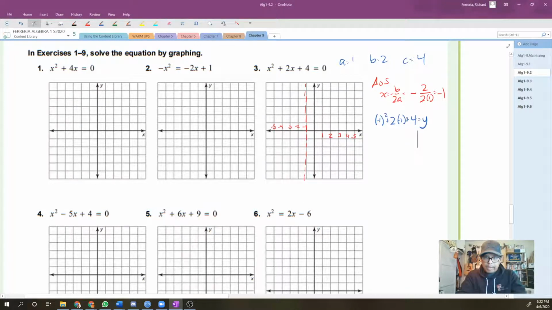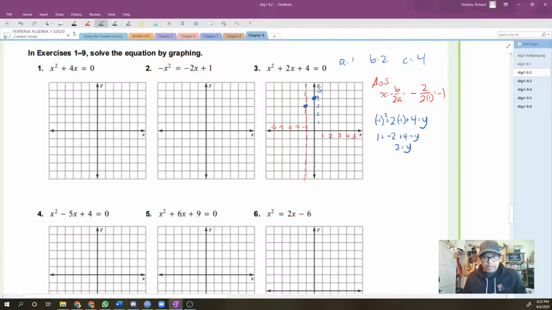Here we've got our -1 substituted into the equation. Execute all the multiplication. Do all the addition, and that leaves me with 3. So my vertex is over here at 3. The next thing to do is probably to find the y-intercept, and that's at y equals 4.